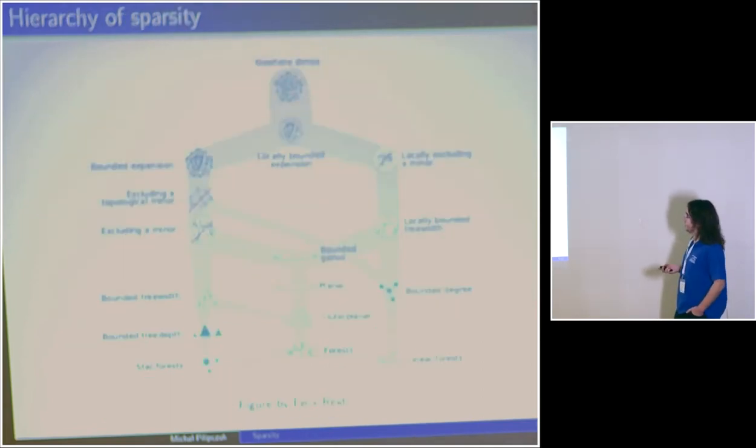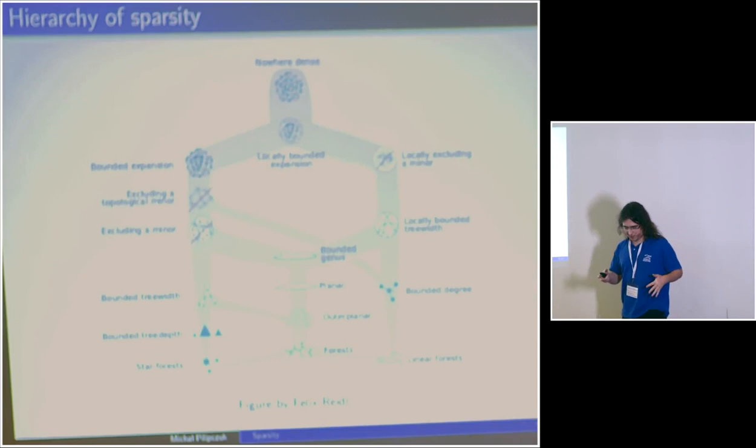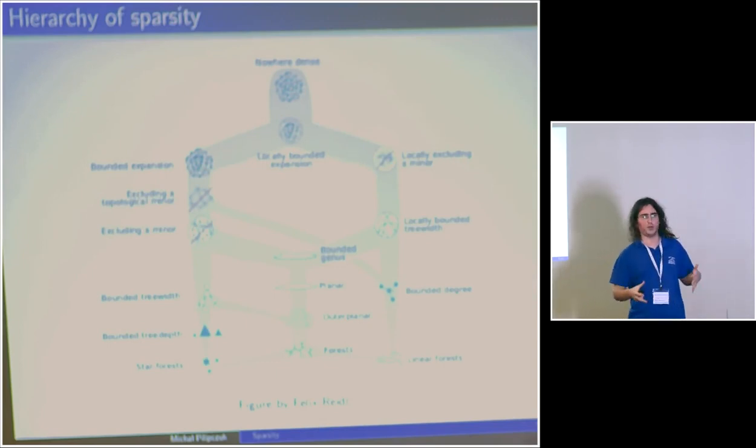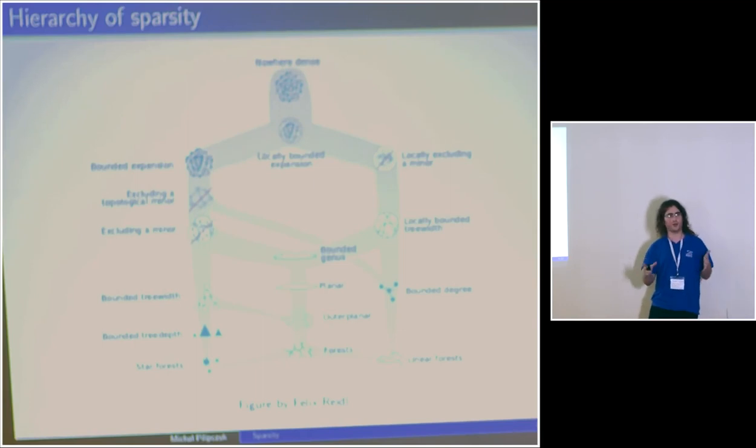Okay, so why do we care about these two definitions? It turns out that they are actually very robust notions that sit on top of this whole hierarchy of sparse graph classes that were studied for many years. At the bottom of this hierarchy, you've got simple sparse classes that we already talked about, like planar graphs, graphs embeddable in surfaces of bounded genus, bounded degree graphs, bounded treewidth graphs, forests.